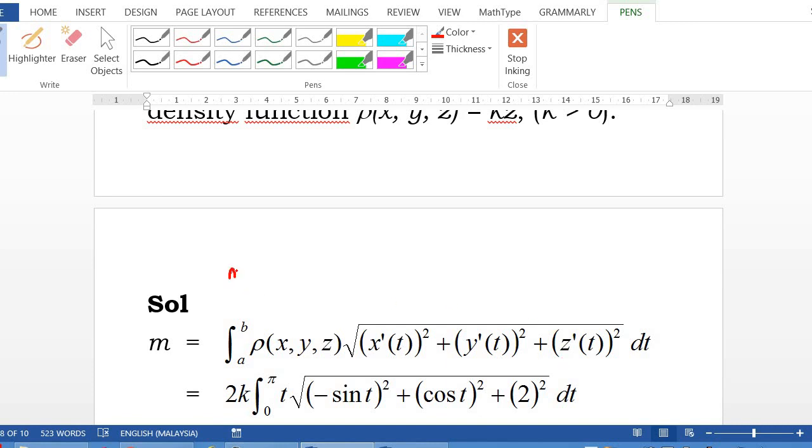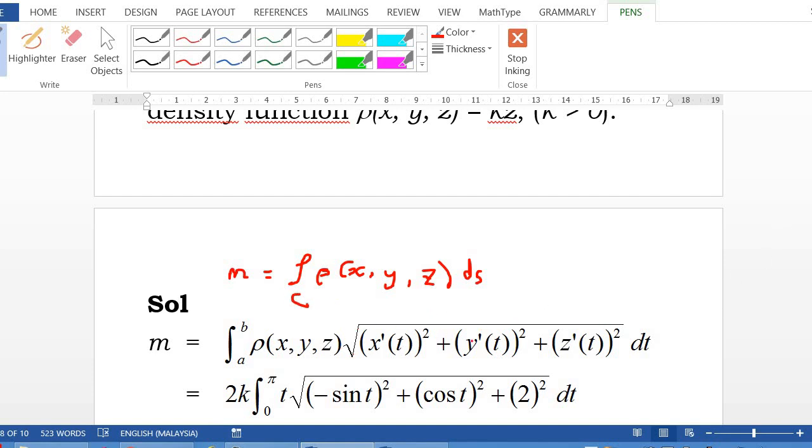Remember, your mass is the integral of your density function rho(x, y, z) multiplied by ds along the curve C.